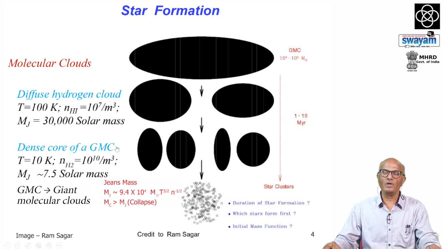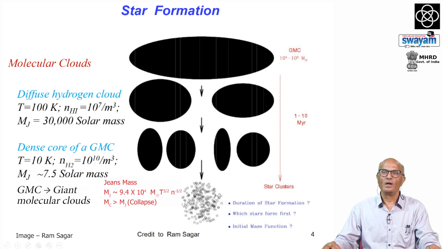Again the same principle applies, and it breaks into pieces, further fragmentation takes place, and finally a group of stars appear. This equation tells us how the Jeans mass depends upon the density and temperature of the cloud.